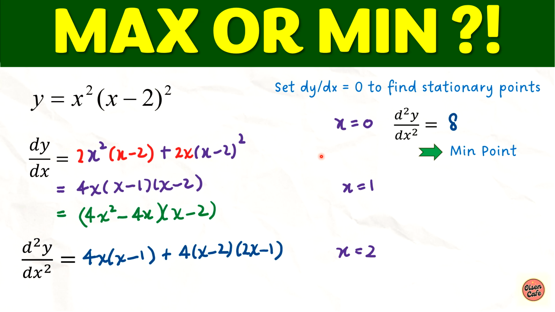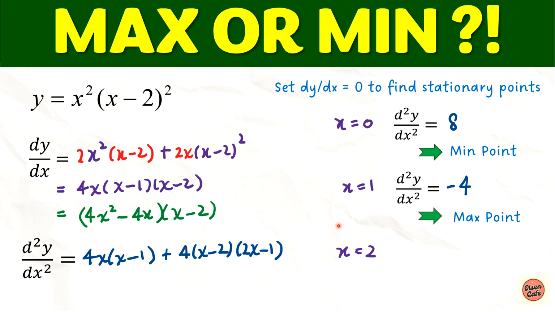turning point. Similarly, if I substitute x equals 1 into the second derivative, I will get the second derivative equals negative 4. Since this is less than 0, I can conclude that at x equals 1, this will give us a maximum turning point.